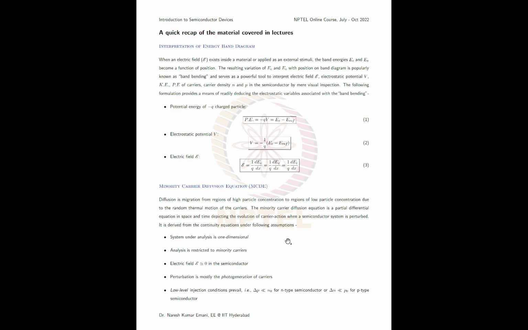It is derived from continuity equations under the following assumptions. The system under analysis is one dimensional, so we only consider a one dimensional system for ease of understanding. If we consider two dimensional or three dimensional systems, then it becomes very complicated.